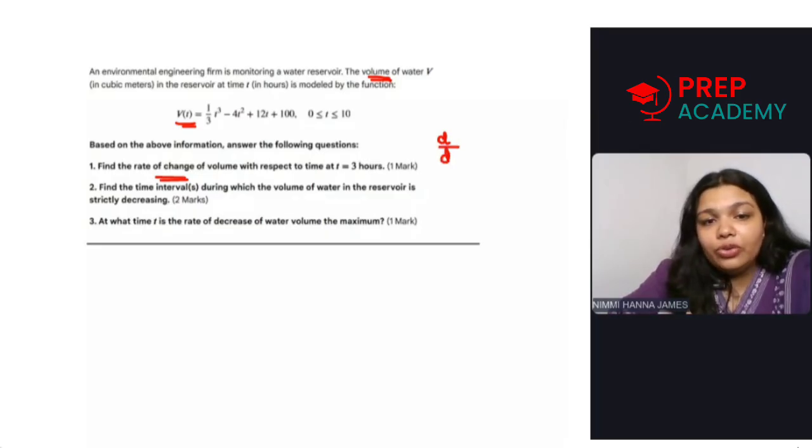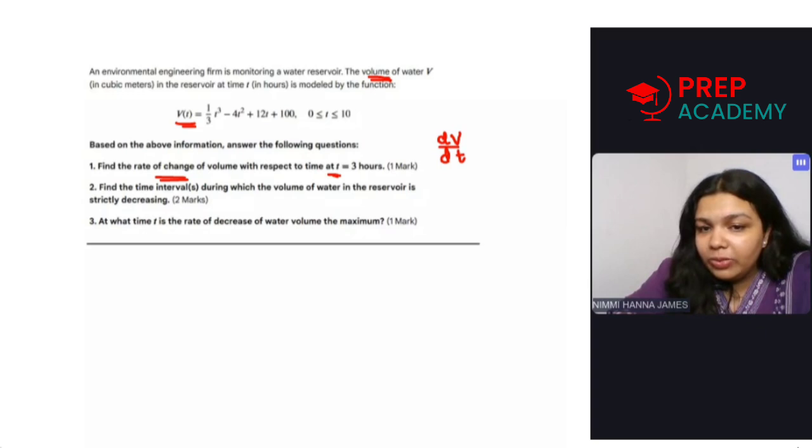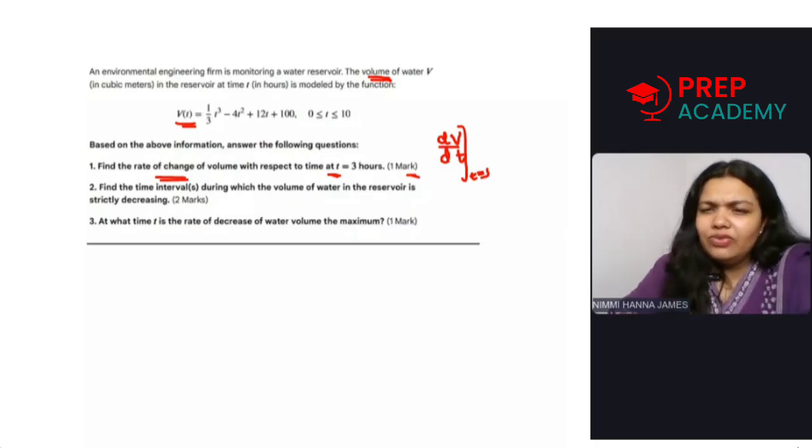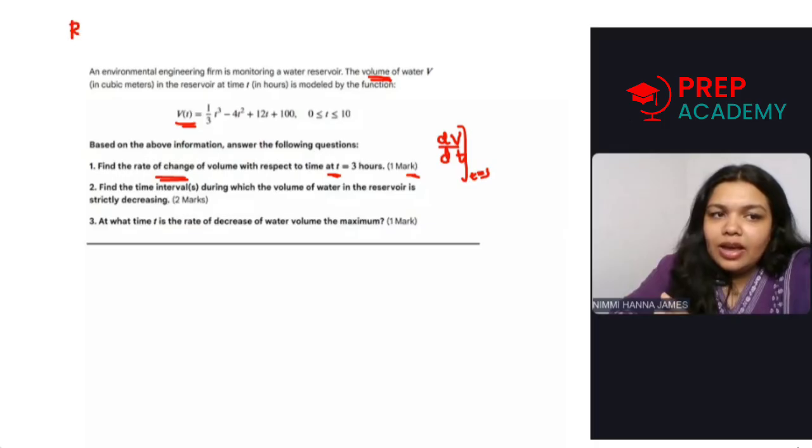Here we are differentiating volume with respect to time t. So if we find dV by dt and put t equal to 3, we get the answer to the first question. It is that simple. It's just a basic rate of change, which just means differentiation.